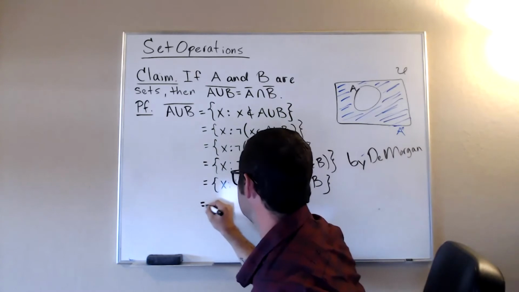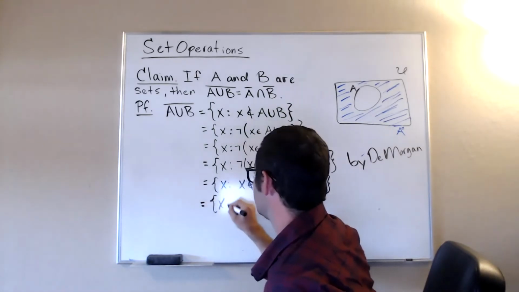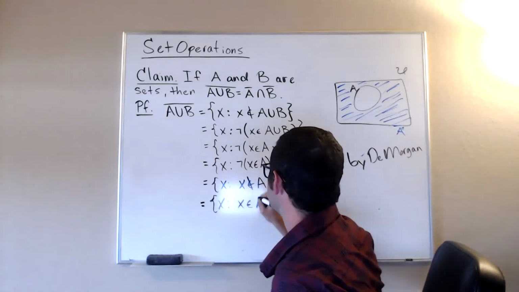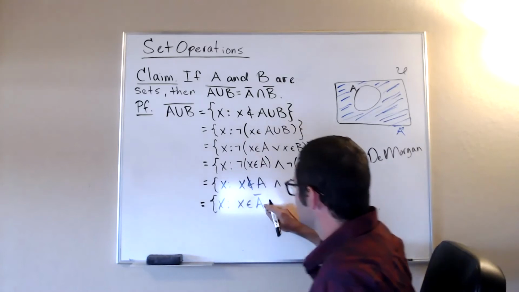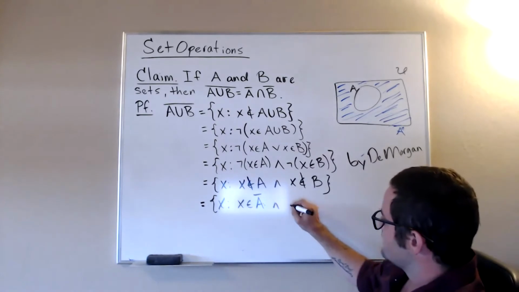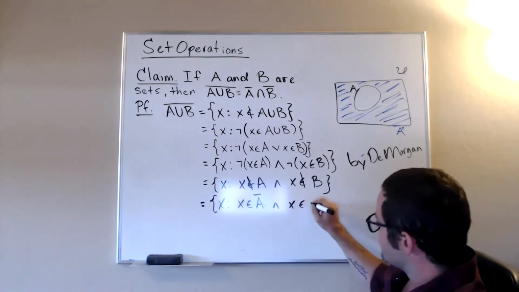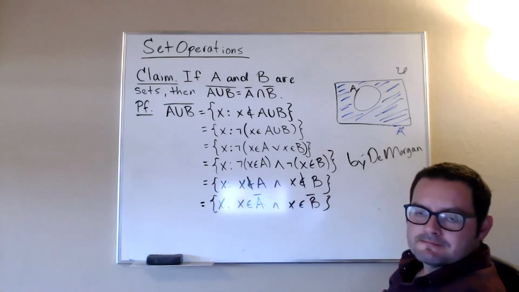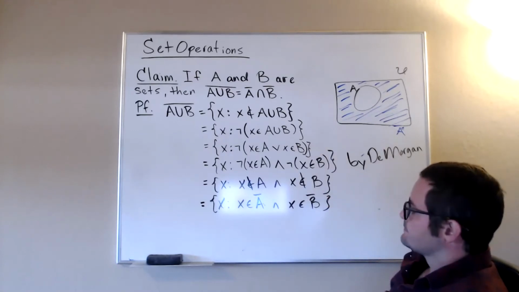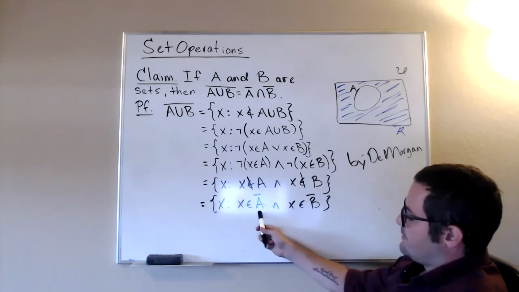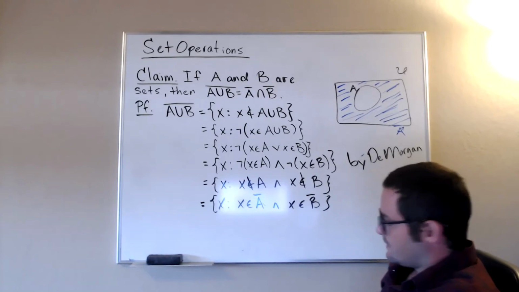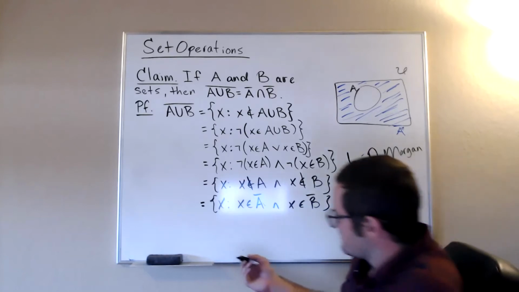So this is the set of all x such that x is in A complement, and x is in B complement. But now if x is in this set and x is in this set, then it's in the intersection of those sets.